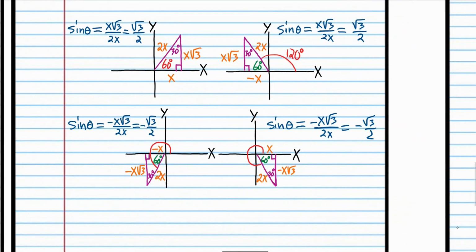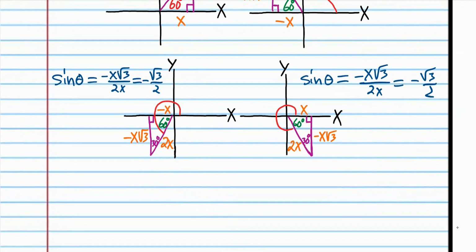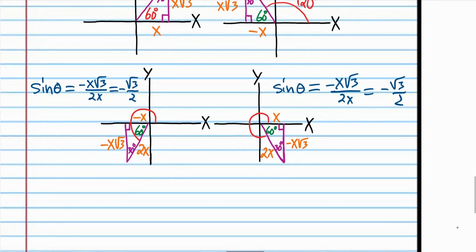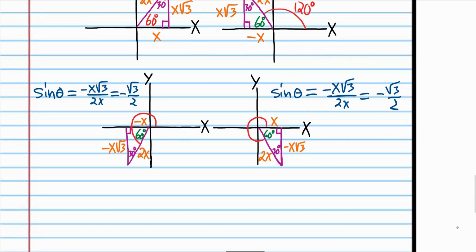But if your triangle is in the third quadrant, as we see down here, then you would have a sine value that is negative root 3 over 2. Again, these are all 30, 60, 90 degree triangles, and the reference angle is 60 degrees. If your triangle's in the fourth quadrant, then again, you get negative root 3 over 2.